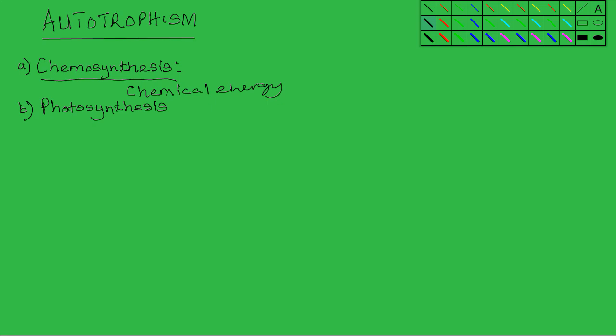Now, during photosynthesis, oxygen is given out as a byproduct and may be released to the surroundings. Photosynthesis is carried out by green plants. Mainly, these are the most common photosynthetic organisms. Algae also do carry out photosynthesis, and certain types of bacteria that are photosynthetic.